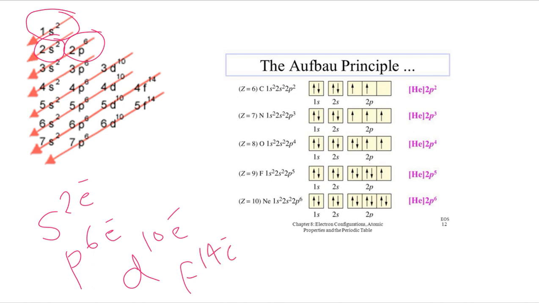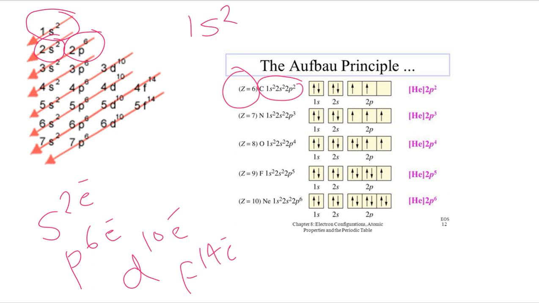For example, for an atom like carbon, as you can see here, carbon has 6 electrons because the atomic number is 6. Then it will be 1s2, 2 electrons in level 1 orbital s.